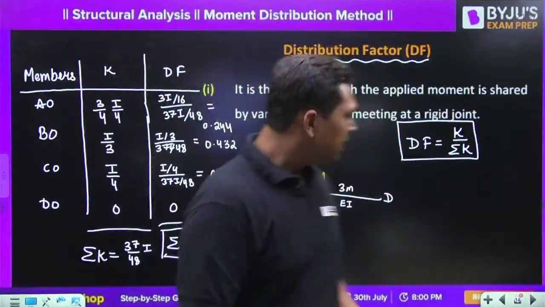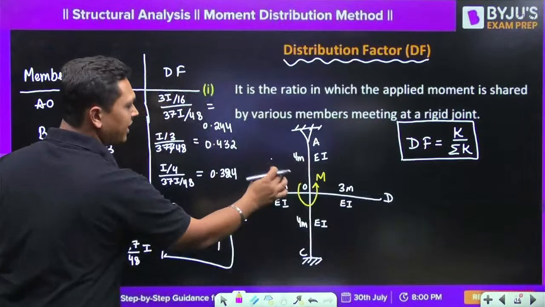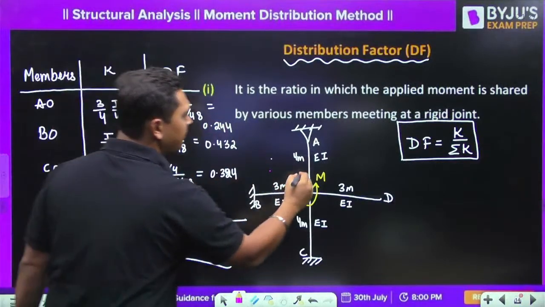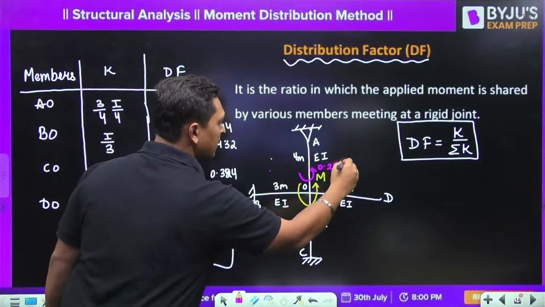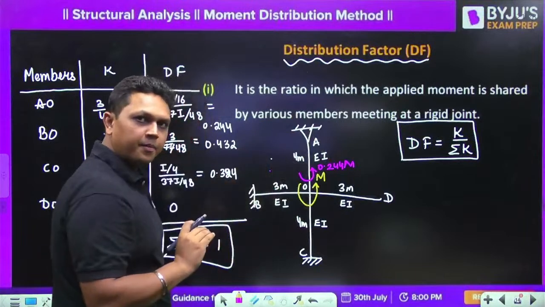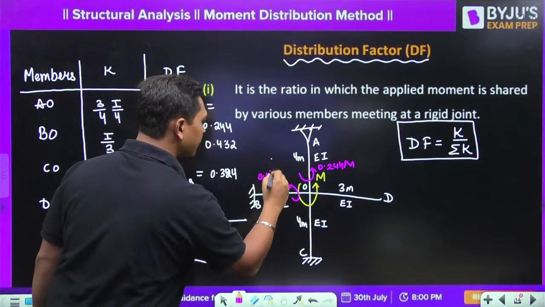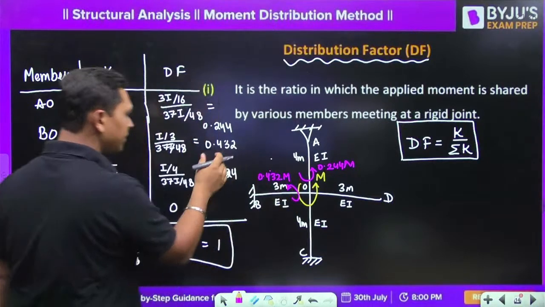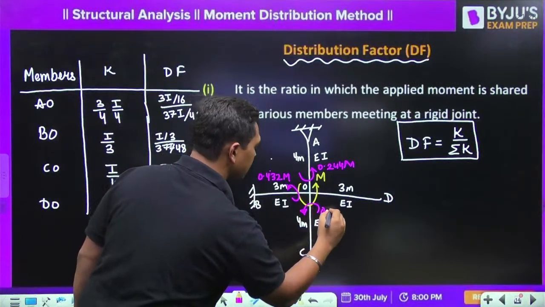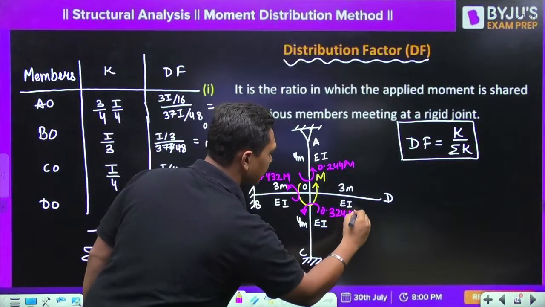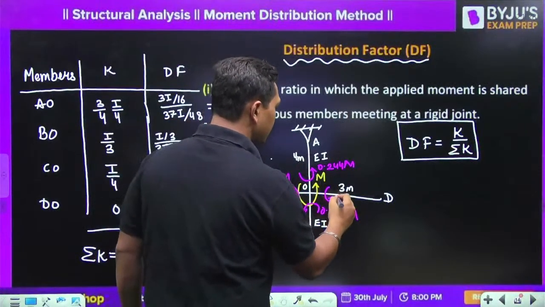Now what does it tell you? That out of this total moment M, over here, 0.244 M is going to be resisted by AO member, 0.432 M is going to be resisted by BO member, 0.324 M is going to be resisted by CO member, and 0 moment is going to be resisted by DO member.